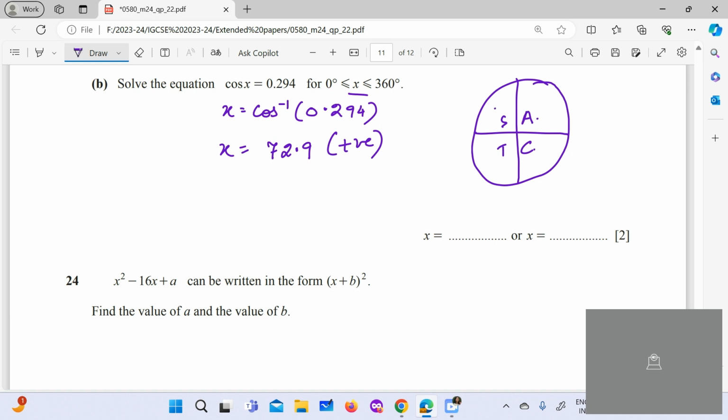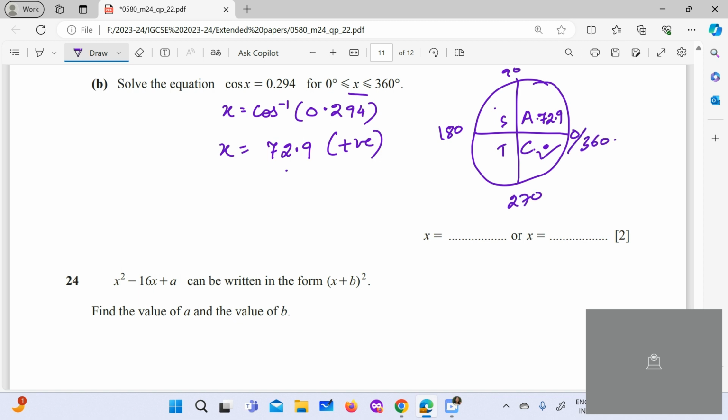We already got 72.9, which is in this quadrant. It means this value will fall in this quadrant. And then you know that 0, 90, 180, 270, and this is 360.